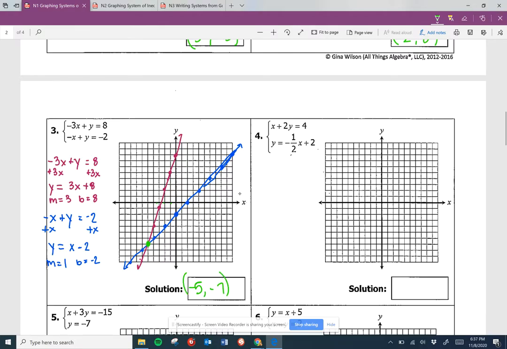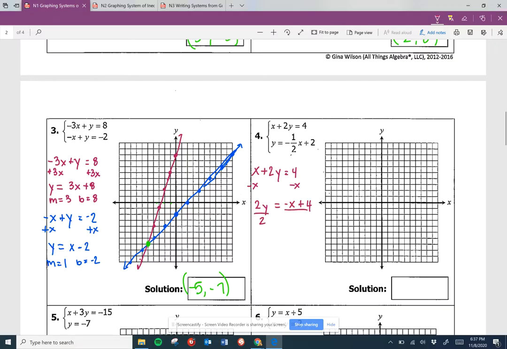And then I would divide everything by 2. So I have y equals -1/2 x plus 2. Okay, so I start it here at 2, -1/2. I go down 1 to the right 2, or up 1 to the left 2, like this.